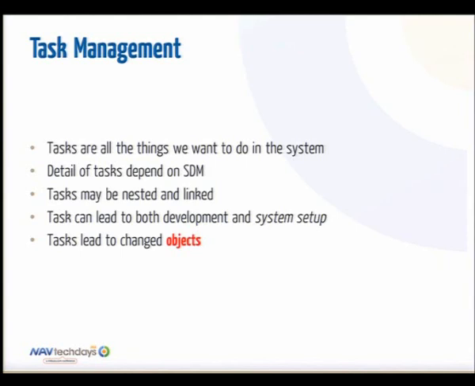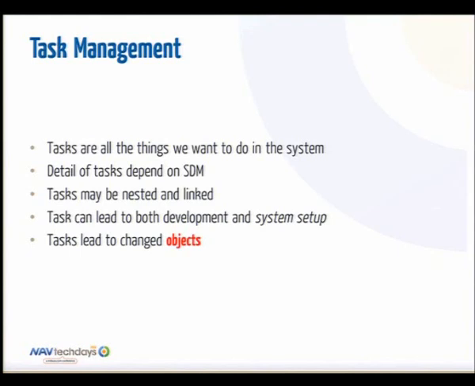Tasks. Within a project of changing Dynamics NAV, we can set up one or more tasks, and the tasks are basically the things that we want to do in the system. And a task can be write a report that does this and this, or write an interface that does this and this. And the detail of the tasks really depends on the software development methodology.